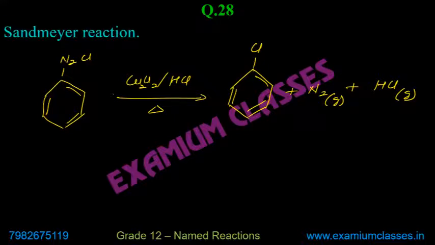So if you show the bonds, you can show the bonds also if you want. Okay, you can write it like N triple bond N, Cl minus. In this case, you will show it as bonded N atoms.